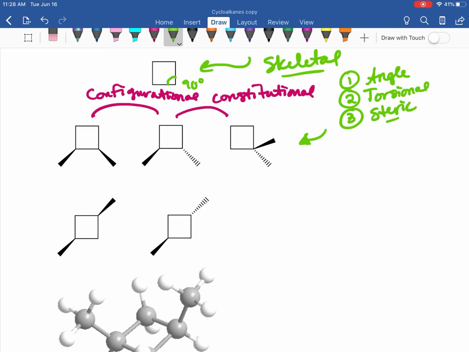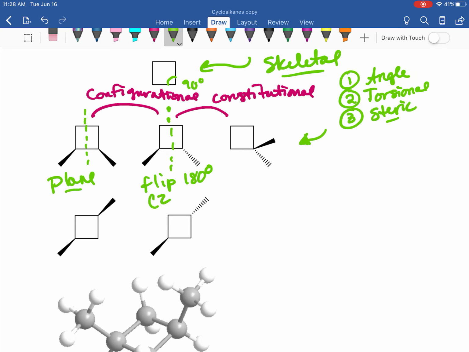And then let's go ahead and add our symmetry. So in this one, oh, can't I draw a nice mirror plane right down the middle? This has a plane of symmetry. Okay, what about this one? This nice trans, if you flip that like a pancake, you get the same configuration.